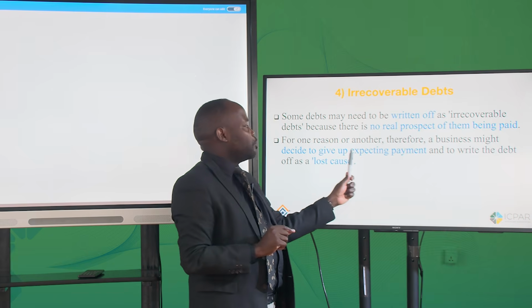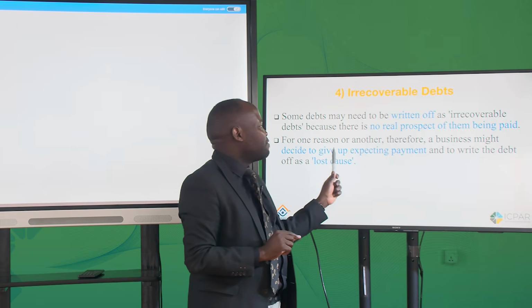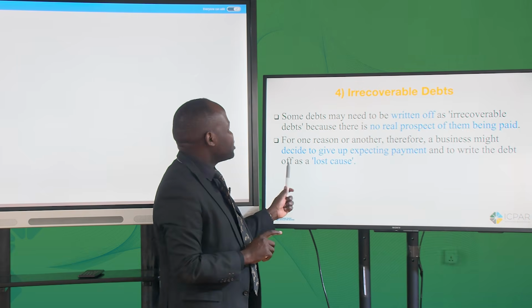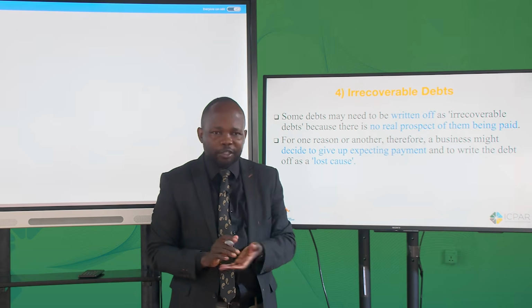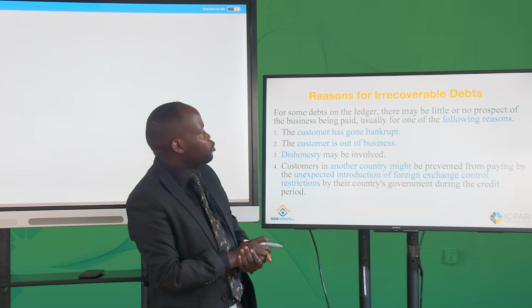For one reason or the other, therefore, a business might decide to give up expecting payment and to write the debt off as a lost cause. So we may decide to count our losses and just move on.